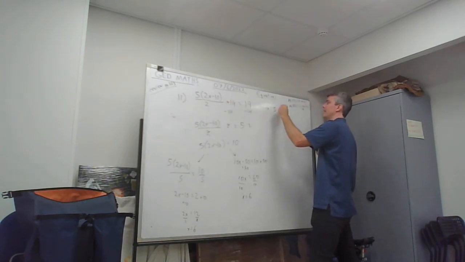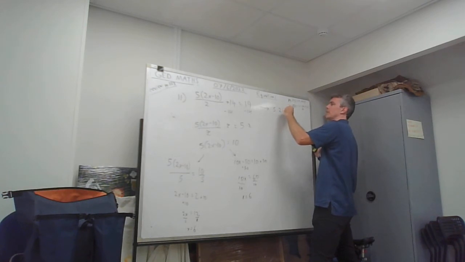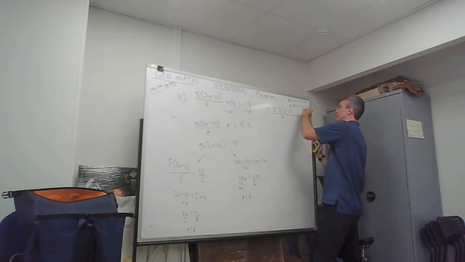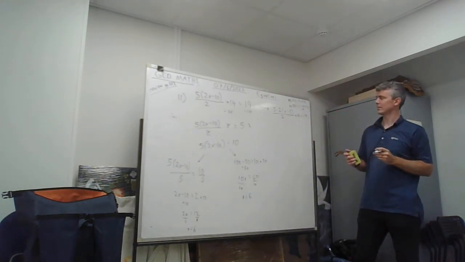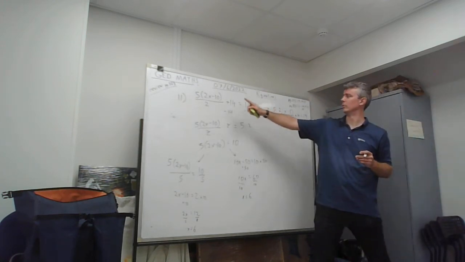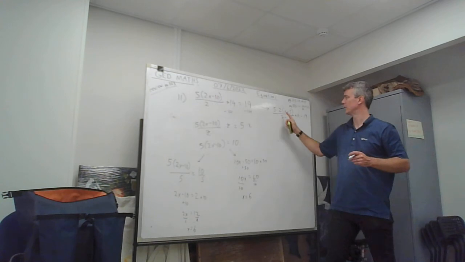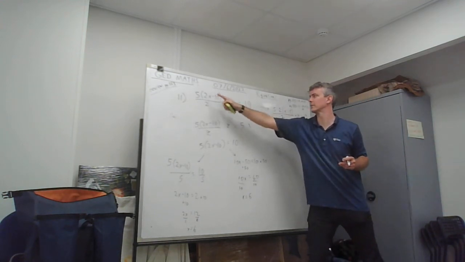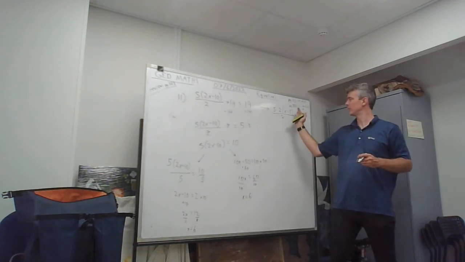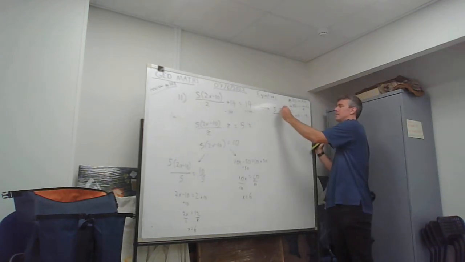So it could become 5 times (2 times (x minus 5)) over 2, plus 14 equals 19. I used the distributive property to pull out a common 2. 2 times x becomes 2x, and 2 times minus 5 becomes minus 10. So I pull the 2 out, and then I can easily cancel them.